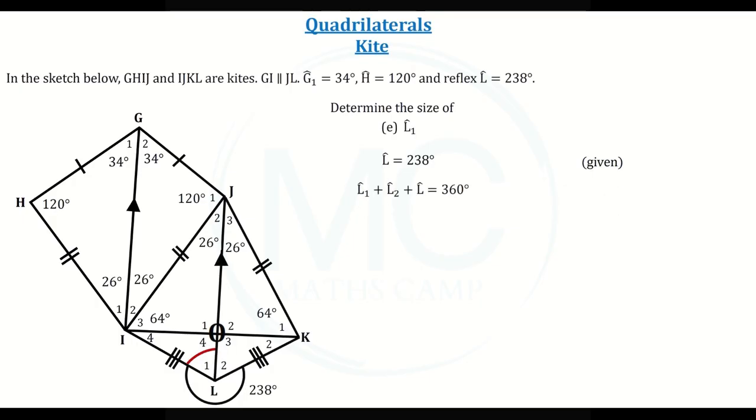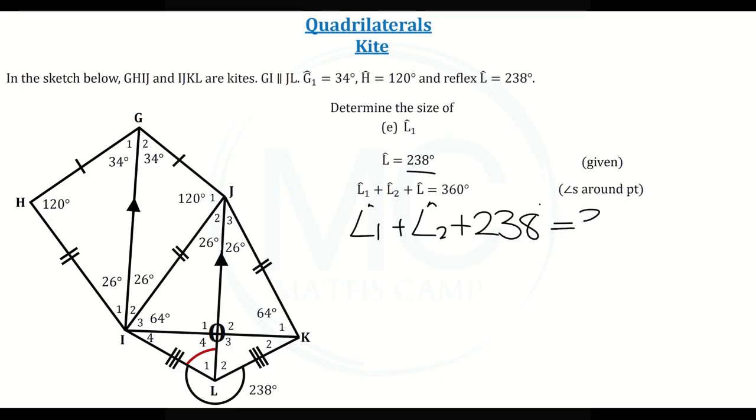And as our reason, we say these are the angles around a point. We know that angle L is 238 degrees, so we can put this into our equation and we get angle L1 plus angle L2 plus 238 degrees is equal to 360 degrees.